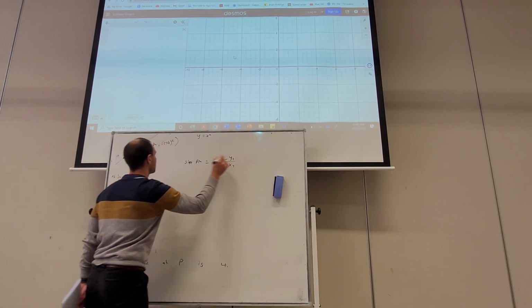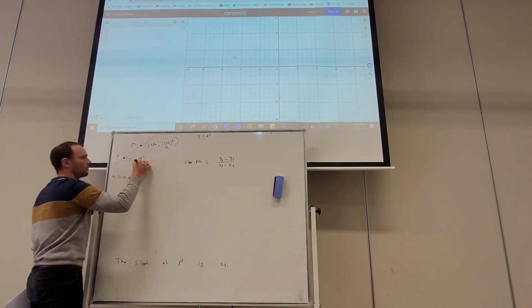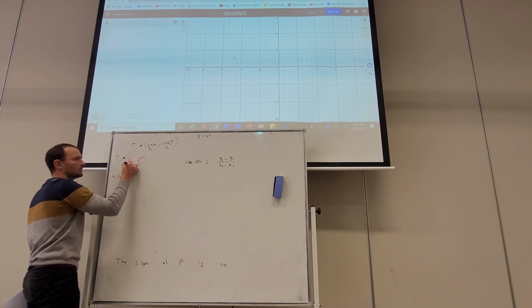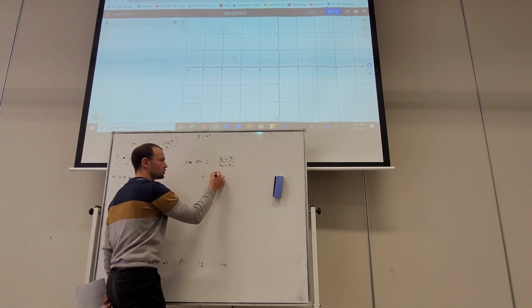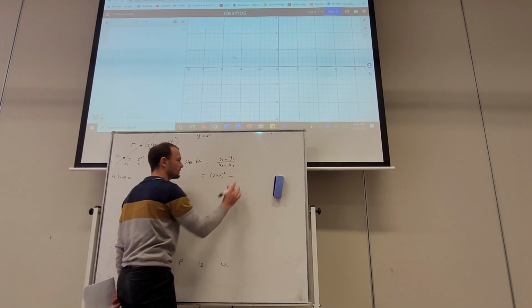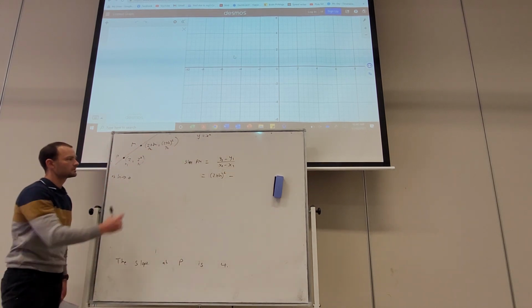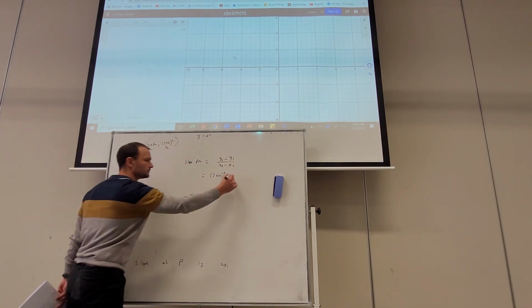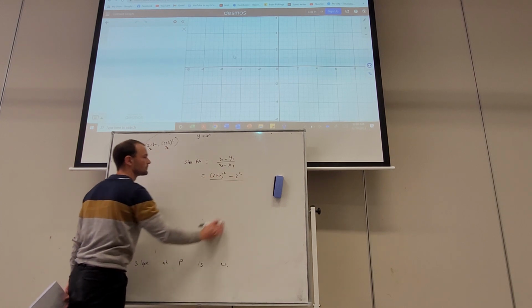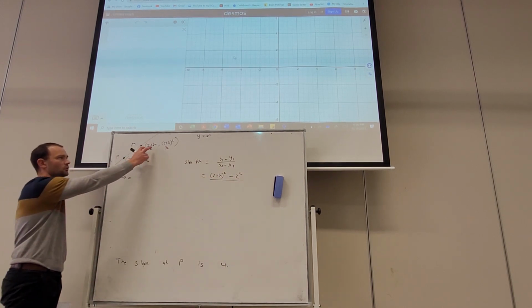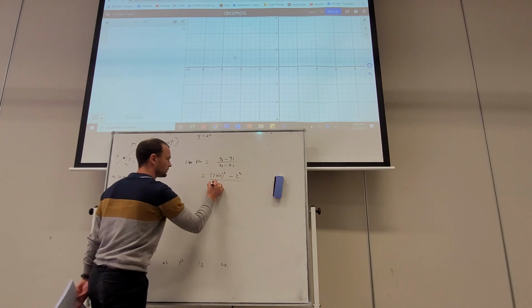I'll write it up here to communicate it clearly. Here's y2, here's y1, here's x2, here's x1. So we have 2 plus h squared, take away 2 squared, divided by 2 plus h, take away 2.